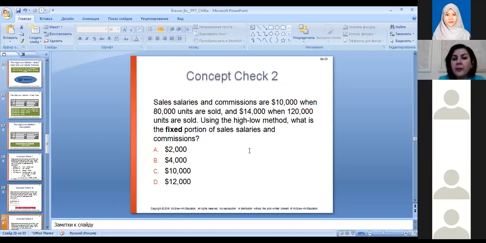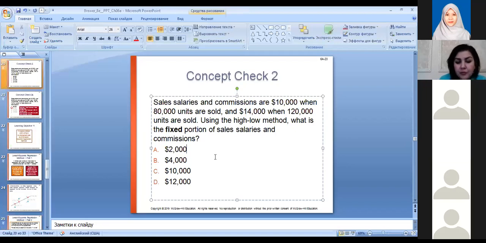Now, concept check 2. Now calculate the fixed portion. We have the same example. Now you need to calculate the fixed portion of sales salaries and commissions. How to calculate? Do you remember?